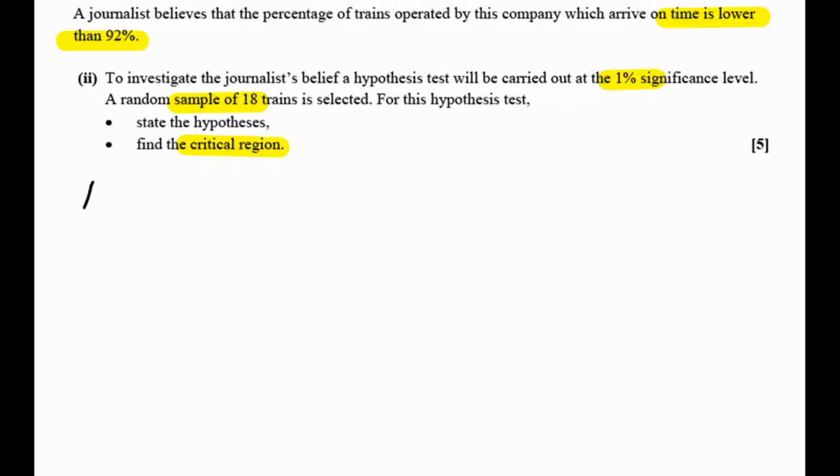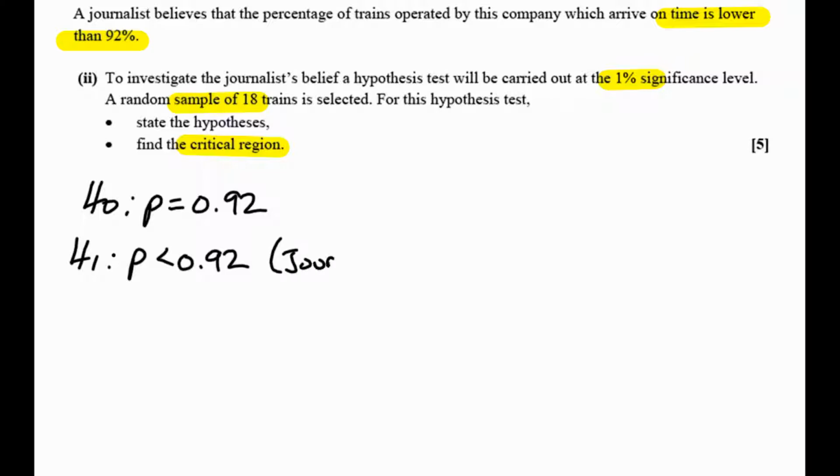Let's get to it. So the null hypothesis is that the situation is as normal, the situation is as advertised, and that the probability that a train is going to arrive on time is 0.92. The journalist, however, does not believe this and says that the probability a train arrives on time is less than 0.92. Just for future reference, let's just say that this is the journalist's claim.